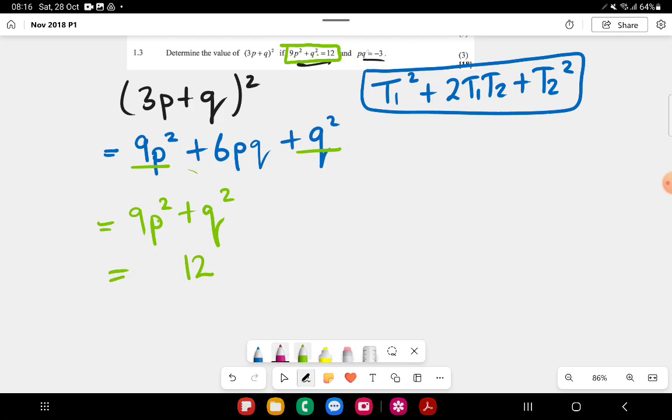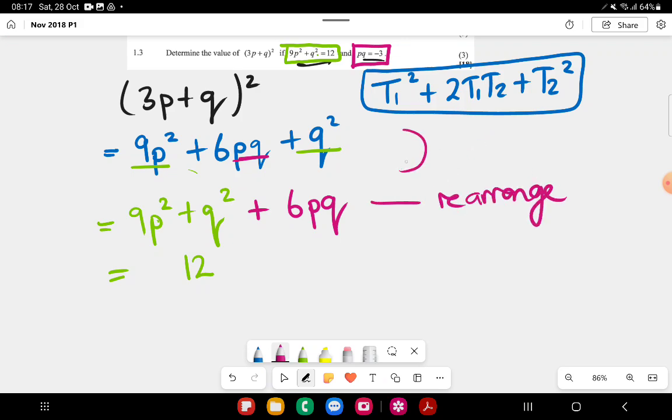The second thing it says is pq equals -3. I have pq here. I have 6 of them, but I have pq. So I'm going to say plus 6pq. So this is just a rearrange. This and this is exactly the same. I'm just putting it in the order of green pieces together, pink pieces together.